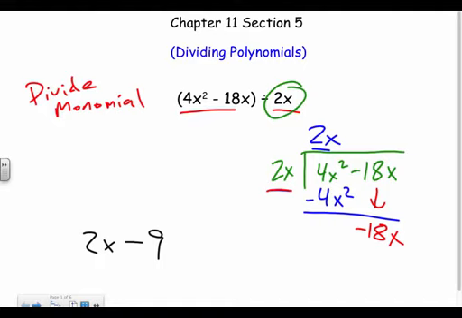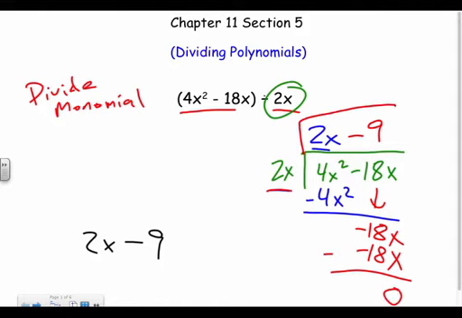Well, 2 times negative 9 gives me negative 18, and I don't need to multiply the x by anything. So 2x times negative 9 is negative 18x. And we subtract, and negative 18x minus negative 18x is 0, so we are done.